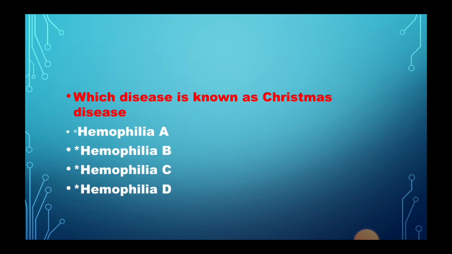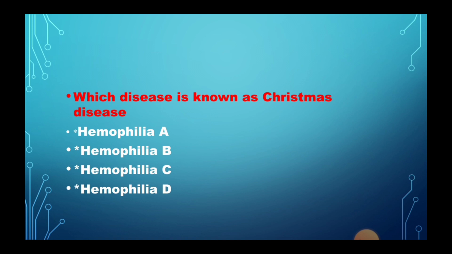Which disease is known as Christmas disease? Hemophilia A, hemophilia B, hemophilia C and hemophilia D. Right answer is hemophilia B. Hemophilia B is also known as Christmas disease, in which the factor deficient is factor 9. So why is it called Christmas disease or Christmas factor?